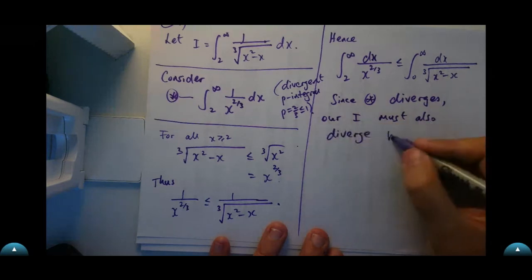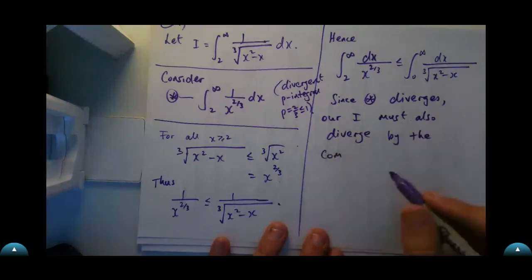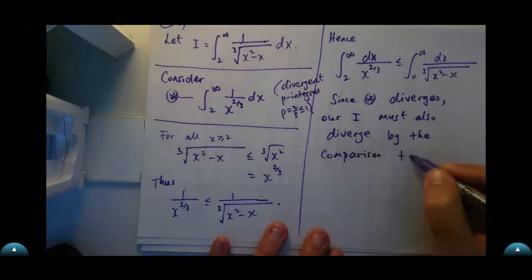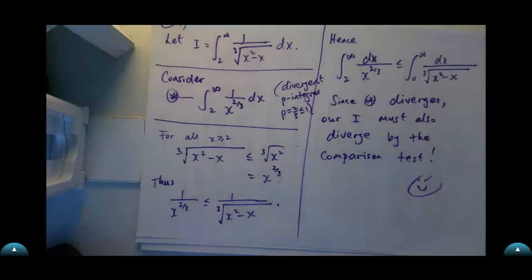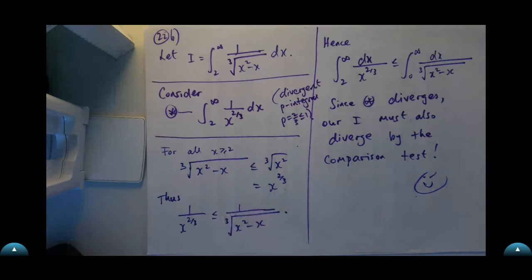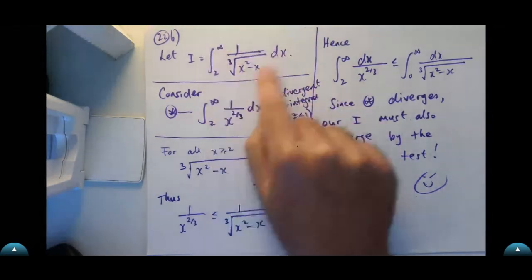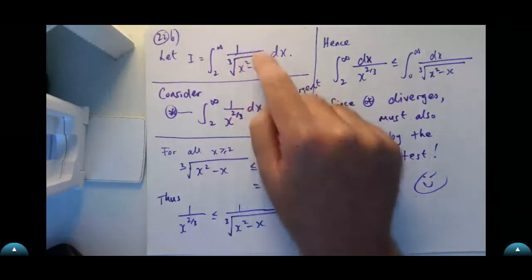So now we're applying the comparison test, the inequality version. The most important thing there, in my opinion, is trying to work out: are you trying to show this converges or are you trying to show it diverges?